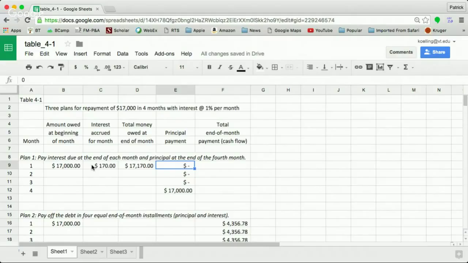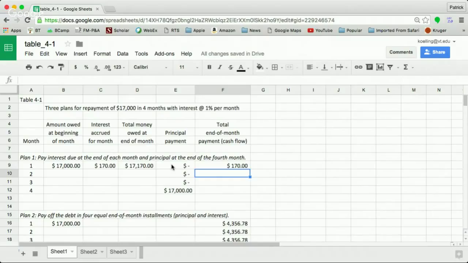All right, we're not paying down on the $17,000. In this plan, we're only paying the interest. So out here, the end of month payment or cash flow is going to be the sum of the interest, because we're going to pay the interest, plus the principal payment, which for us will be zero. $170 is what we'll pay.